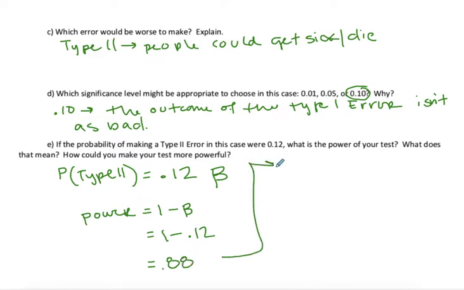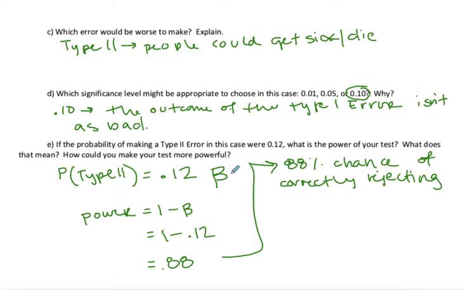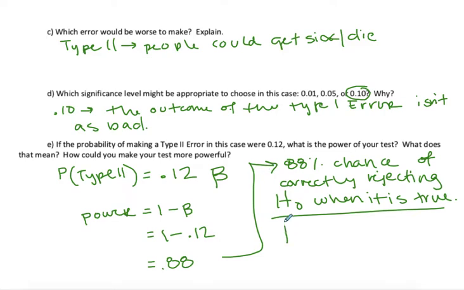All right, so what does this mean and how could you make your test more powerful? Okay, this means that there is an 88% chance of correctly rejecting the claim when it is true. Okay, how can we make our test more powerful?